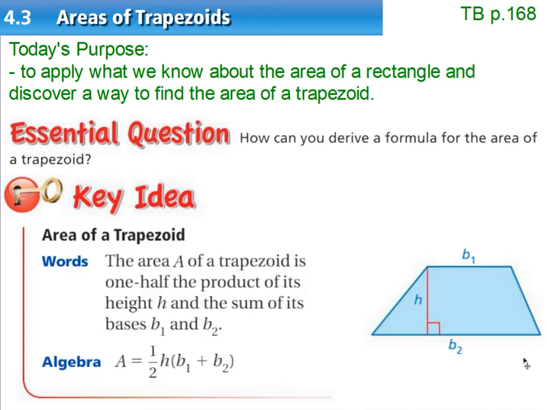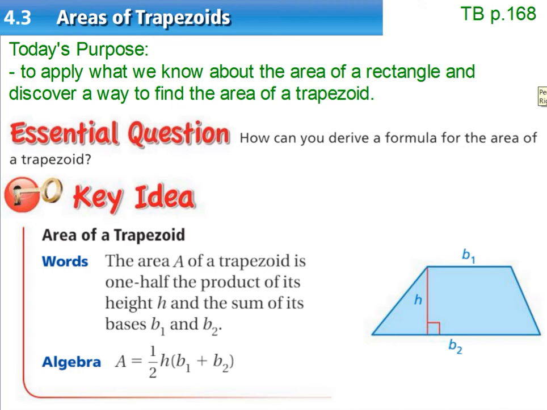Now, the way that we're going to find the area of a trapezoid is using the formula area equals 1/2 the height times (base 1 plus base 2), in parentheses, indicating that you must add the bases together first. This is the formula that the book gives you, but I'm going to tell you another one that means the exact same thing.